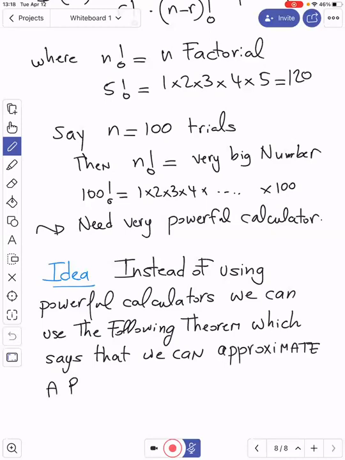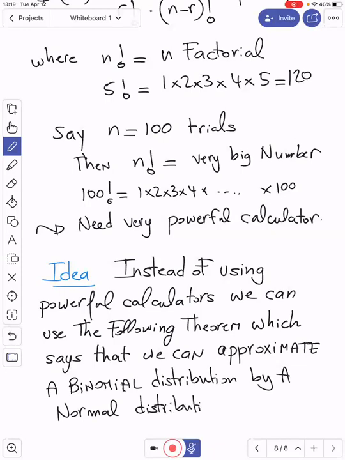This is why normal distributions are very powerful. Even a binomial distribution you can approximate by a normal distribution. All right, so the theorem says the following: normal distribution.